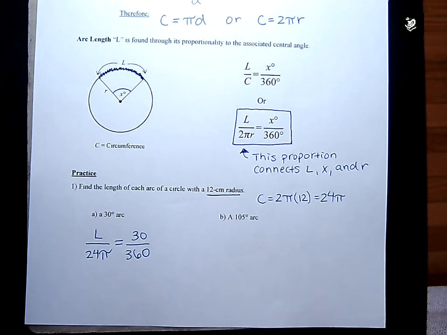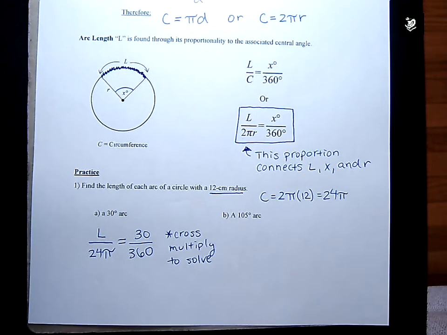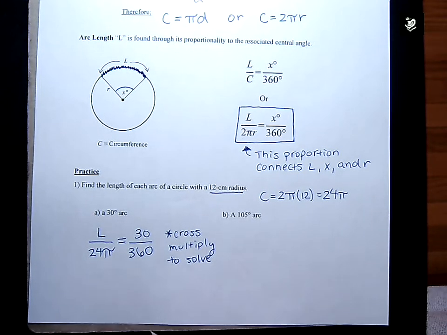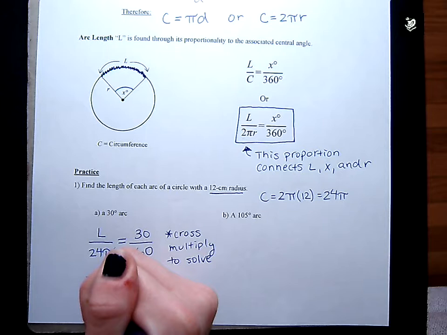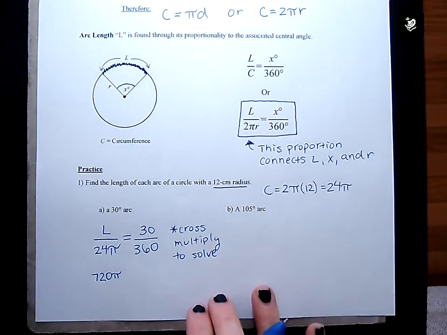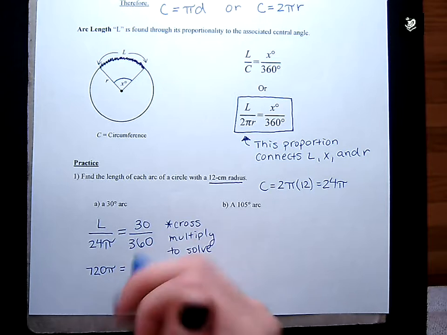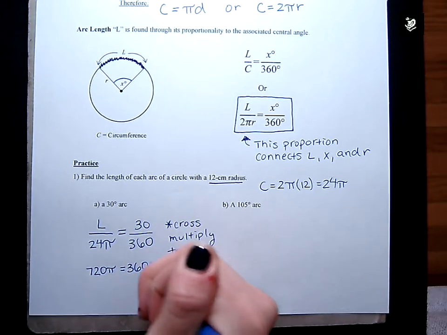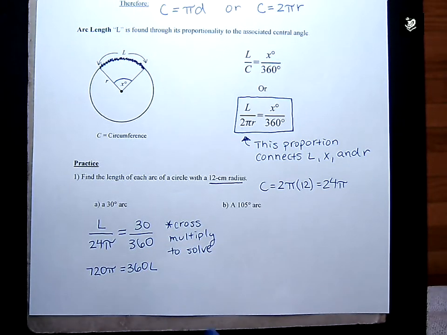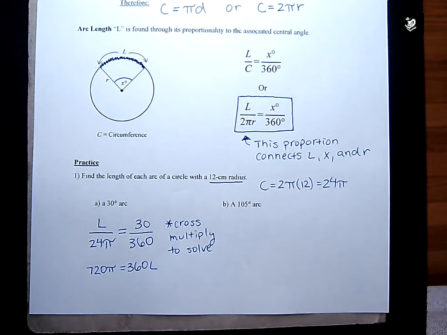Now, how do we solve any proportion? We cross multiply to solve. So 24 pi times 30 is 720 pi. I'm going to keep it in terms of pi for now. You can multiply it out if you want to. Doesn't really matter. And then I'm going to cross multiply 360 times L. If I want to get just L by itself, I have to divide both sides by 360.